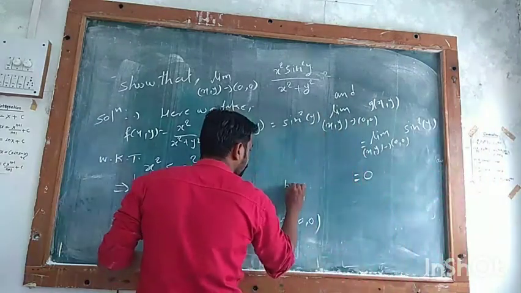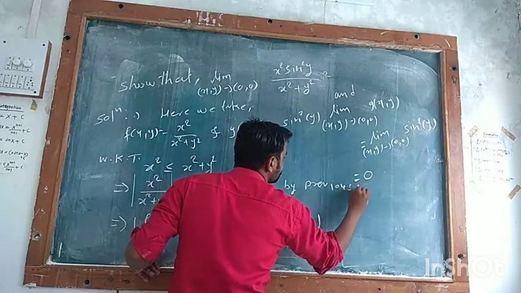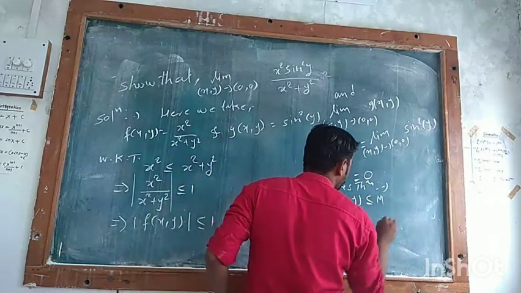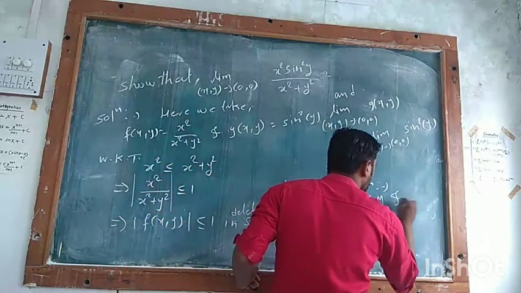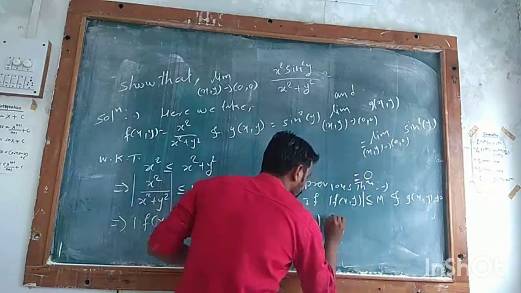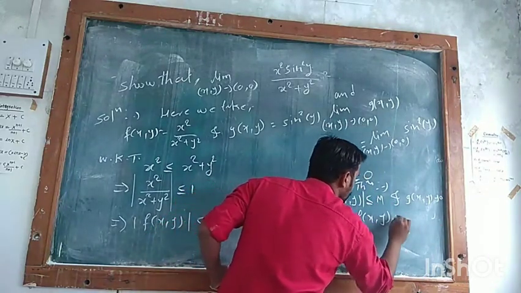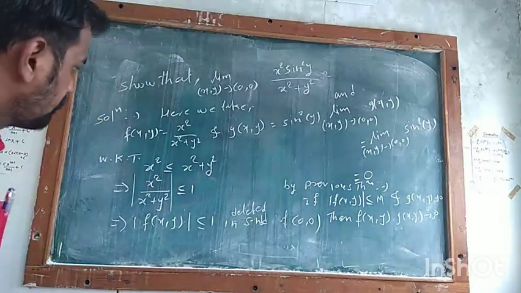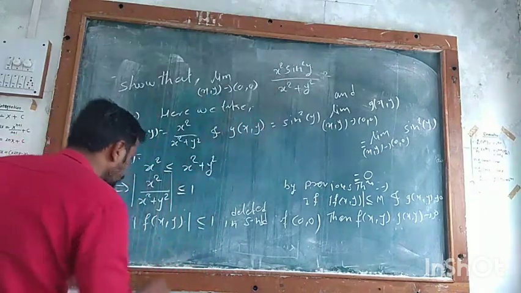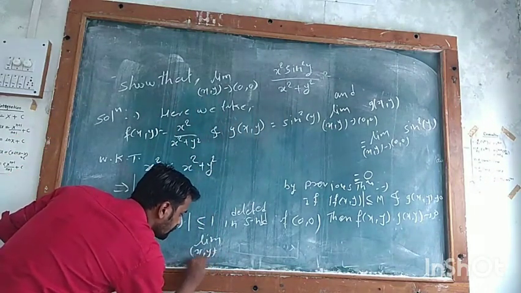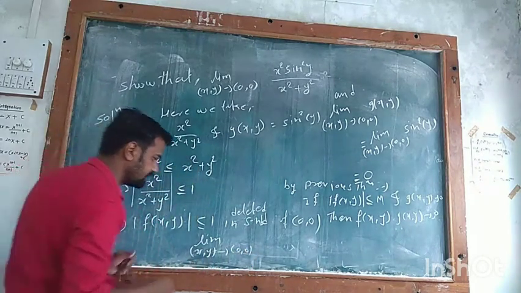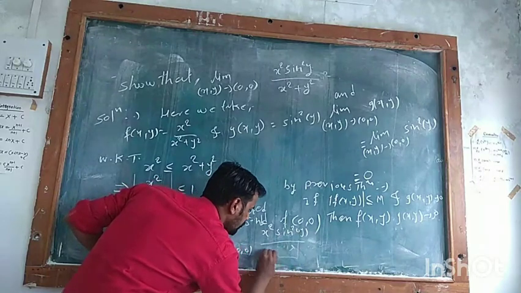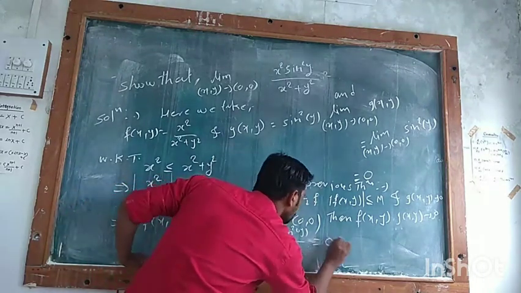Therefore, by the previous theorem, that is, if f of xy is bounded and g of xy goes to 0, then f of xy into g of xy goes to 0 at point A. By this theorem, we have limit as xy tends to 0 0 of x square into sine square y upon x square plus y square is equal to 0.